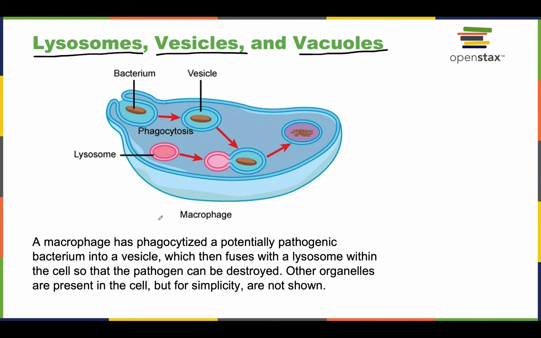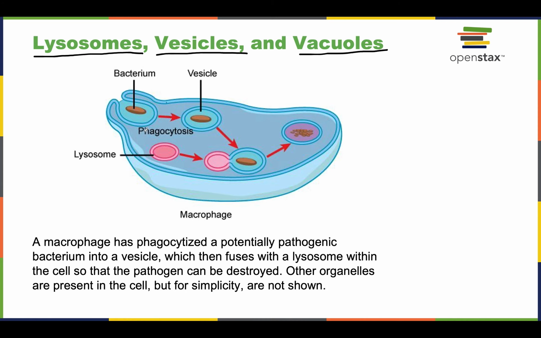And one example of this is in macrophages. Macrophages are white blood cells that are involved in finding bacteria, engulfing them, and protecting you from infection. And this is what's happening. Usually a macrophage engulfs a bacterium through a process of endocytosis.